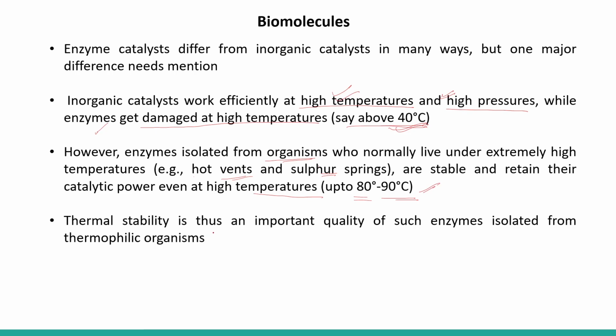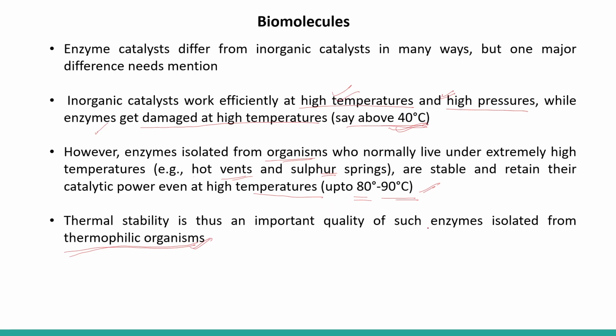Thermal stability is thus an important quality of such enzymes isolated from thermophilic organisms. These organisms are called thermophilic organisms because they can withstand such adverse conditions or such a high temperature.